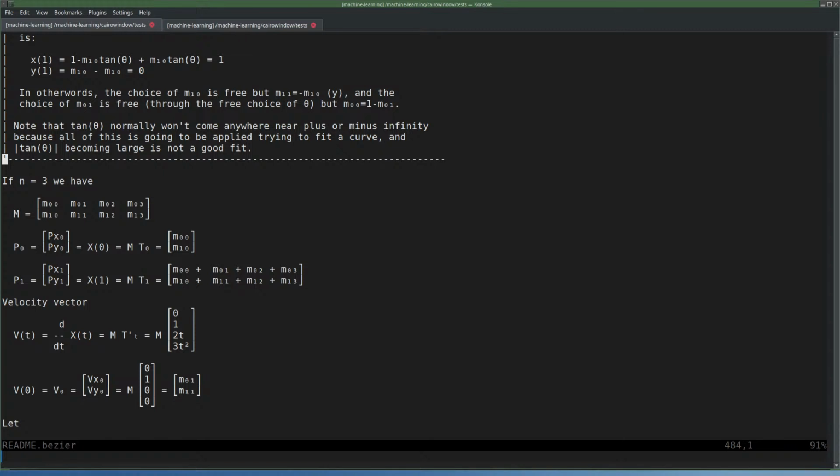Okay. So I want to revisit NS2, quadratic Bezier, but then do it like I'm doing it here.